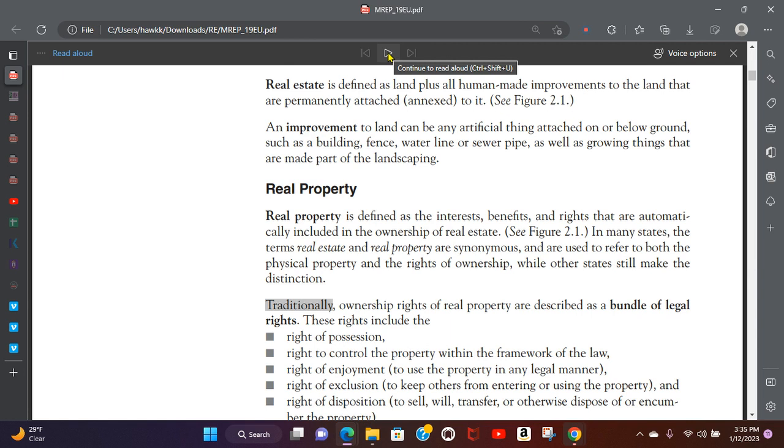That real estate, what's real and what's fake. In many states, the terms real estate and real property are synonymous and are used to refer to both the physical property and the rights of ownership, while other states still make the distinction, man. Come on.